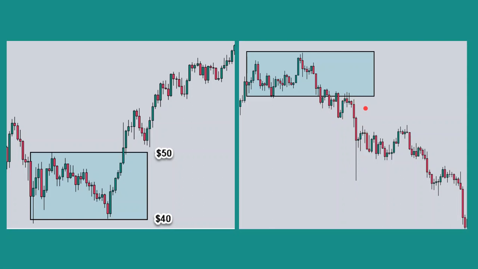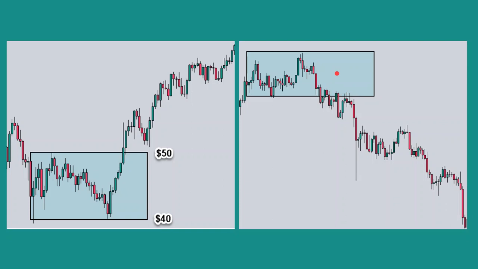If a session's candle, we call each candle a session's candle, broke price support, here was the price support, by dipping below it, but then closed inside the box range, imagine it comes back to the box range, that is not as bearish.